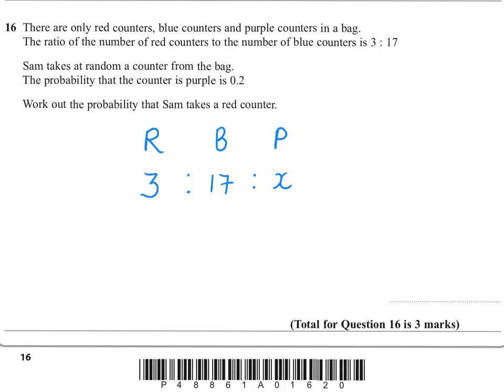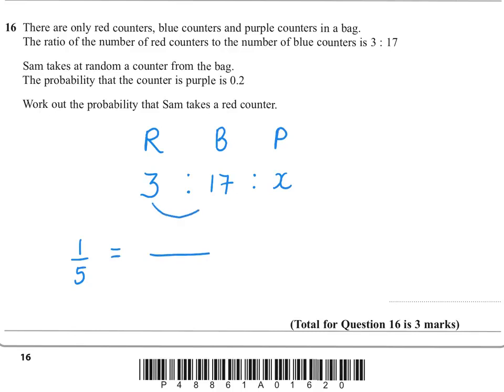But it does say that Sam takes at random a counter from the bag and the probability that the counter is purple is 0.2, which is 1/5. So what I would argue is that in 1/5 of the cases, well, what would the probability by the ratios be? Because it's all got to be in proportion.